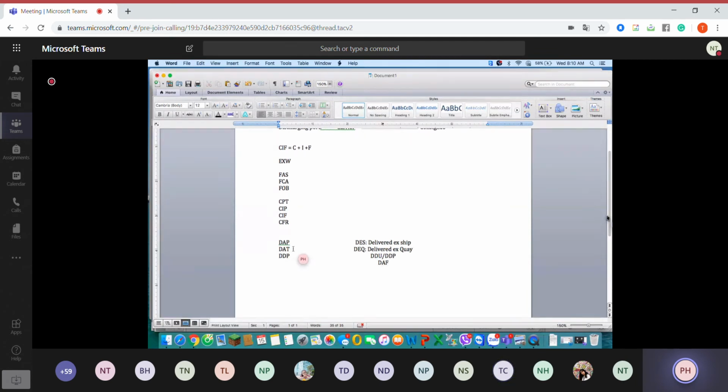I could choose another place to deliver the goods, like the buyer's warehouse. So we can see that, for example, the seller, after using the ship, from the port of destination up to the buyer's premises, can use trucks to transfer the goods to the buyer's warehouse.